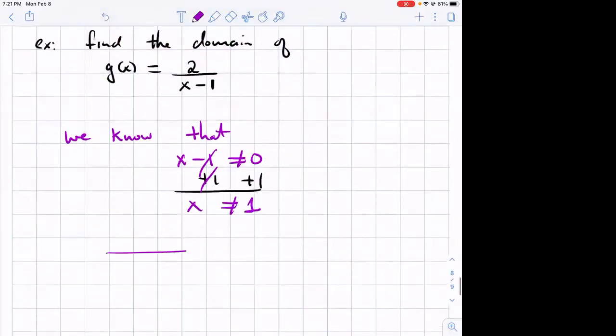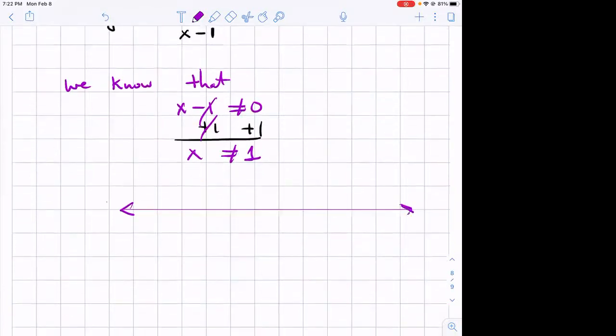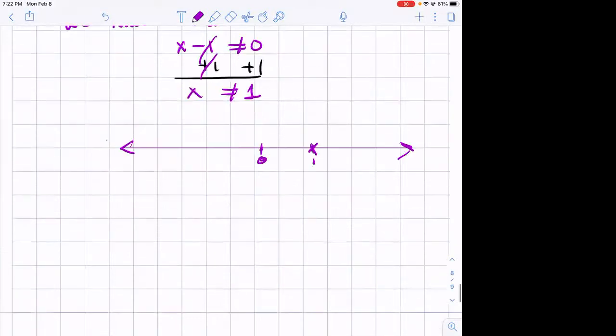And if you draw the number line and you take out 1, what do you have left? Okay, what is left on this line? If this is 0 and you take out 1, well, on this side here, you have from negative infinity going all the way up to 1.